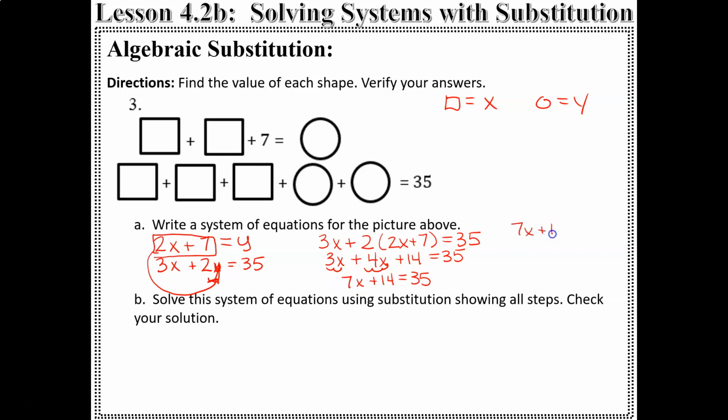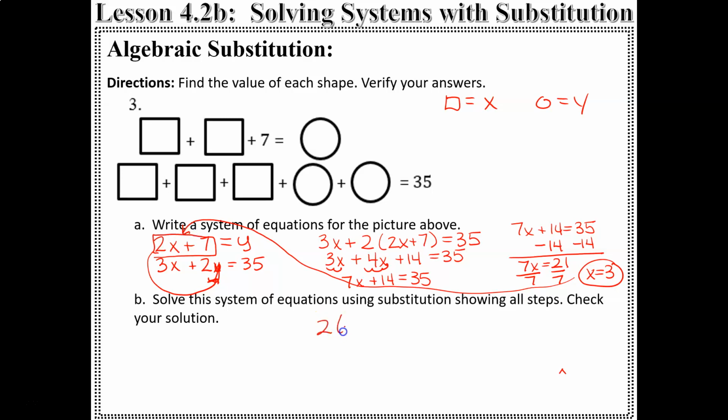Now I'm going to subtract that 14. So I have 7x equals 21. And when I divide by 7, my x value is 3. Once I get that x value, I'm going to plug that x value into my first equation.